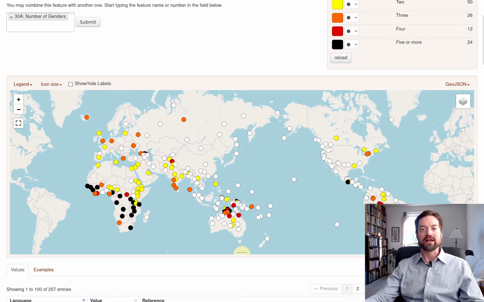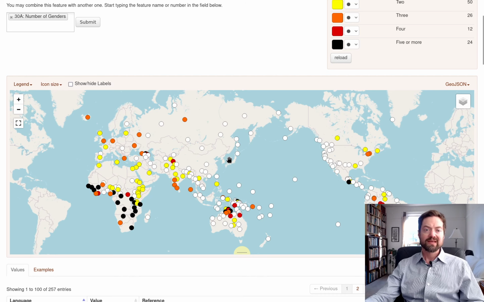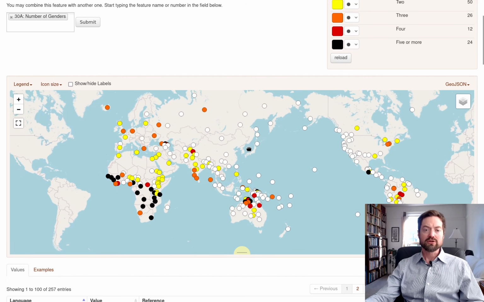It can refer to really any kind of category, and the most popular is to divide into masculine and feminine genders, and possibly a neuter gender as well. But there are other ways to divide categories, such as animate versus inanimate, so like living versus non-living, or human versus non-human, and different combinations, and so on. So here, let's look at this distribution.